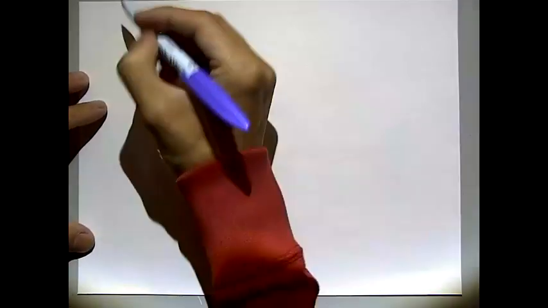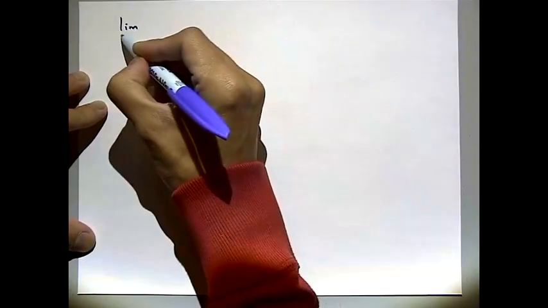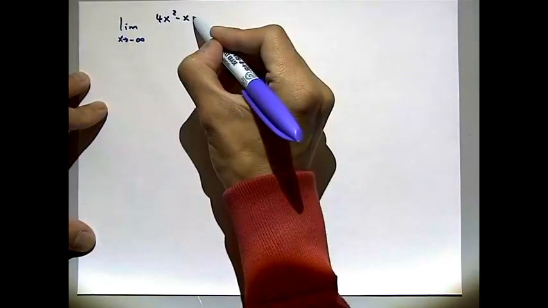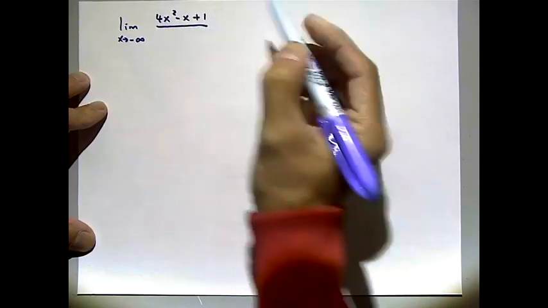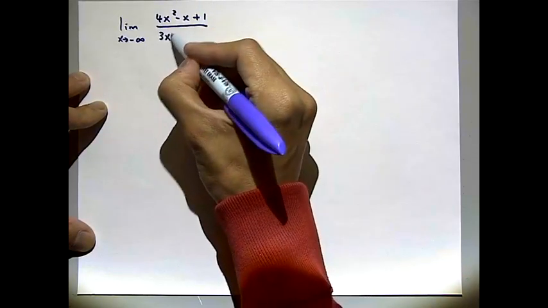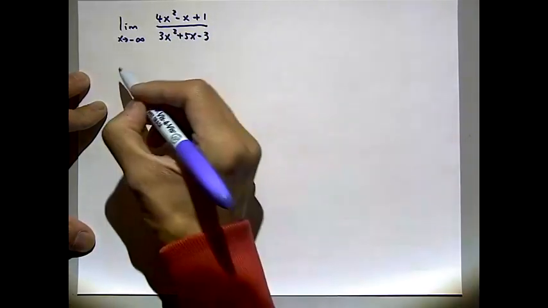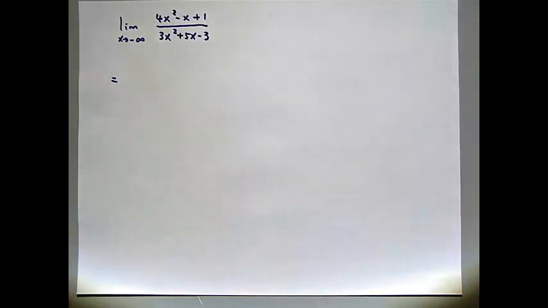Okay, now let's check out what happens if we let the limit go to negative infinity. In fact, nothing changes. Nothing changes whatsoever. You still do exactly the same thing.